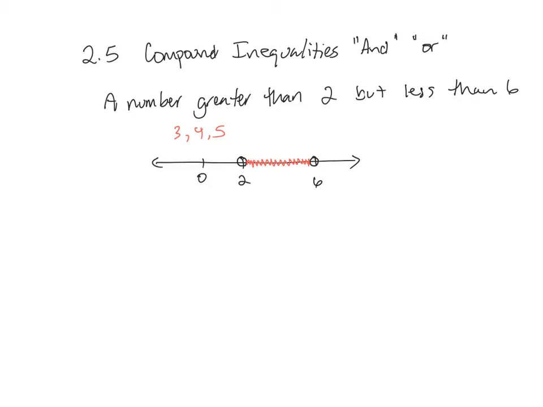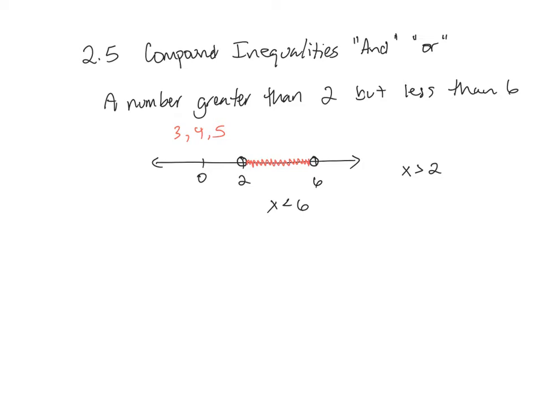Okay, and so the way that we write that mathematically is, for this one, less than 6. I think that makes sense. And if I wrote, I'm going to write it way over here to the right, greater than 2, we need to combine them into one thing.